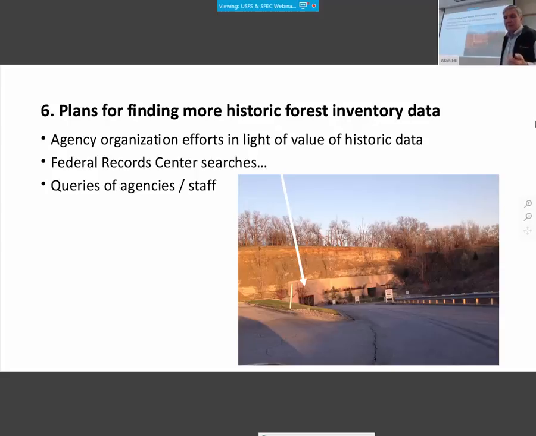And I got to the Federal Record Center, and they pulled out, as we had pre-identified from local records and just plain searching federal records, Forest Survey records are code 95. And so when I arrived, there were like 60, 70 boxes laid out in a room for me to look at.